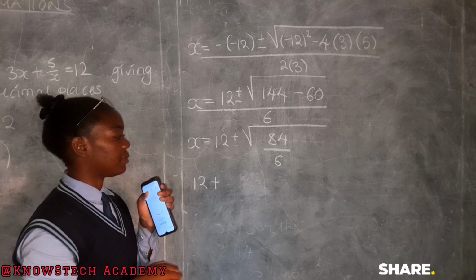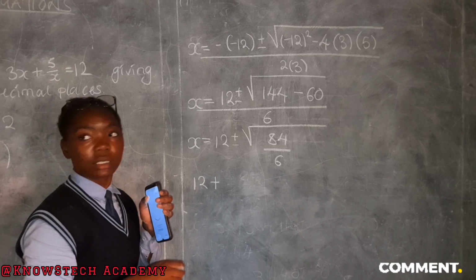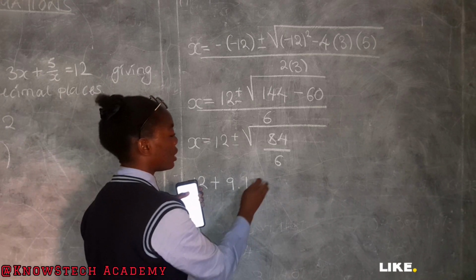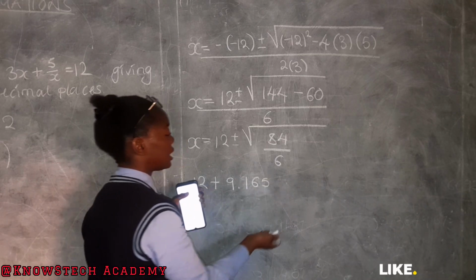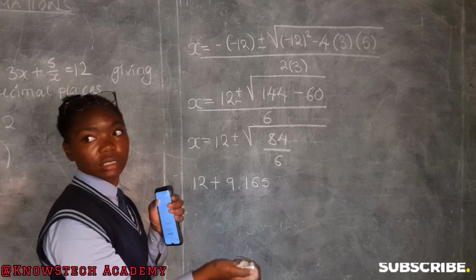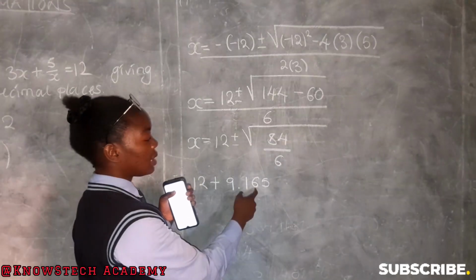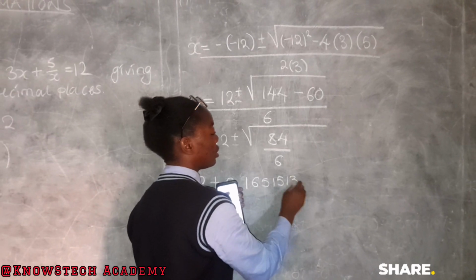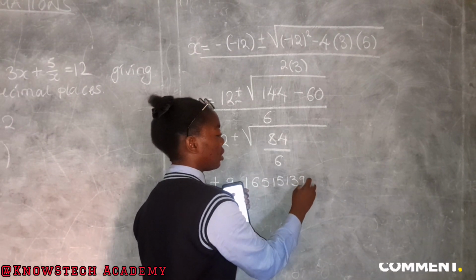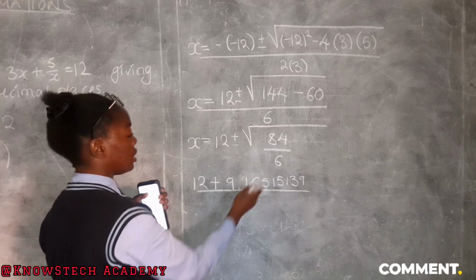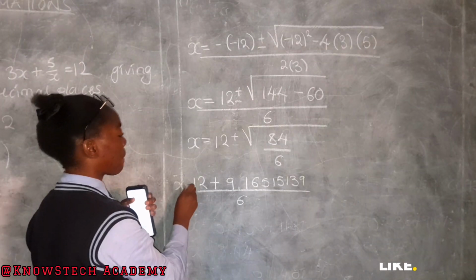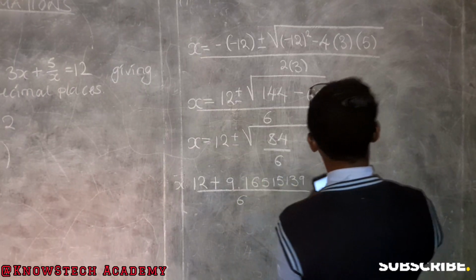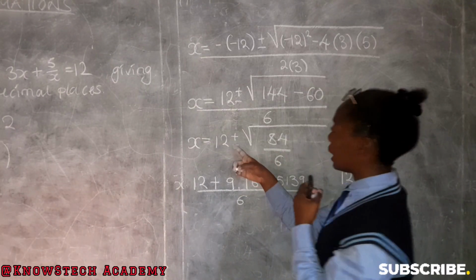The square root of 84? 9.165. Then over 6, which is here. Then on the other side, we're going to write down our 12 again, minus.